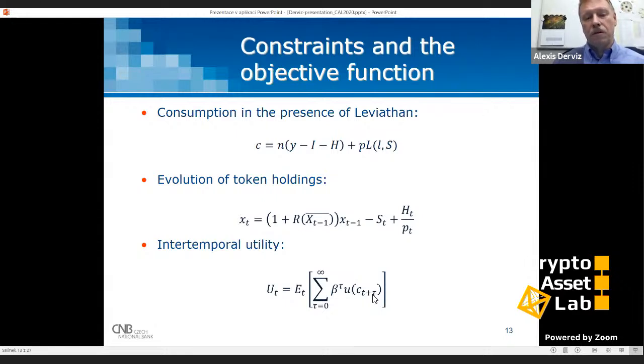The more you want to consume, the higher the losses are. It's a convex function. Plus something that you add by converting back your pre-existing token possessions into physical goods. P is the nominal market price, and L is the conversion function.